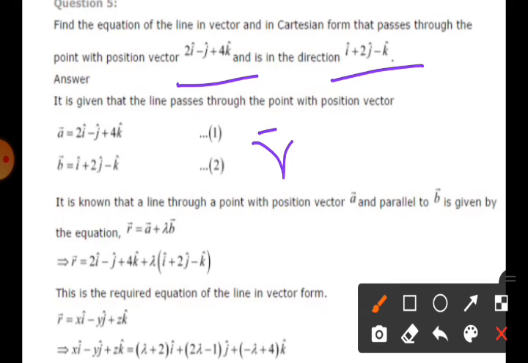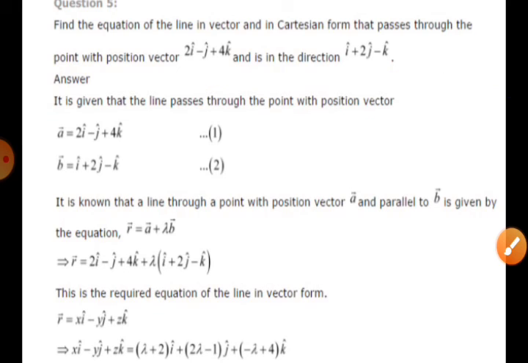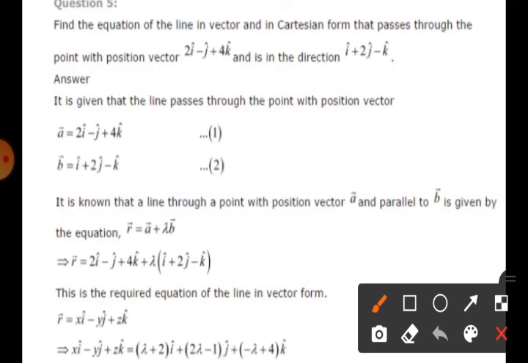First, a vector is equal to 2i cap minus j cap plus 4k cap and b vector is equal to i cap plus 2j cap minus k cap.